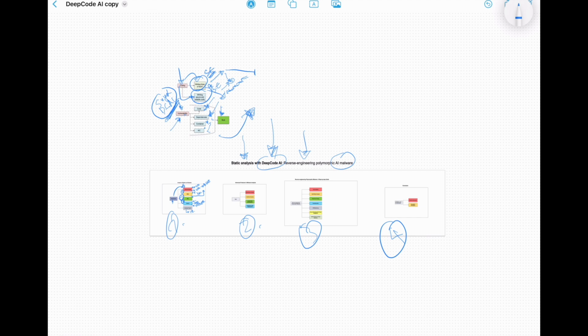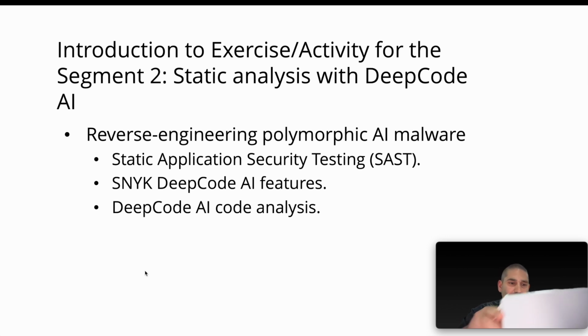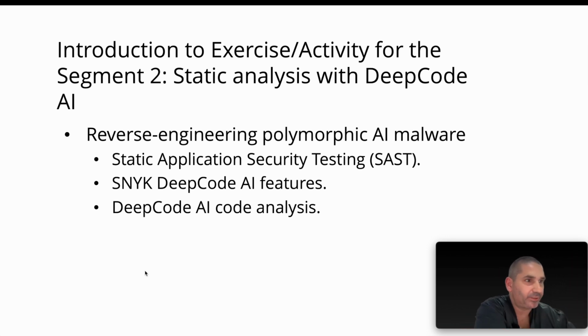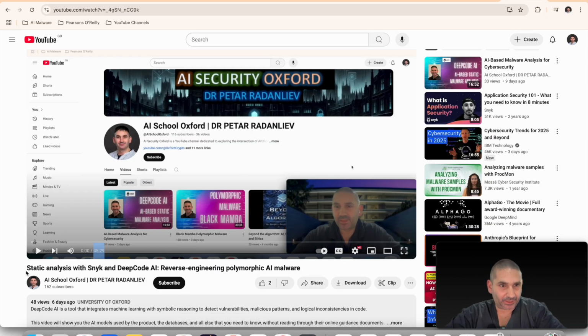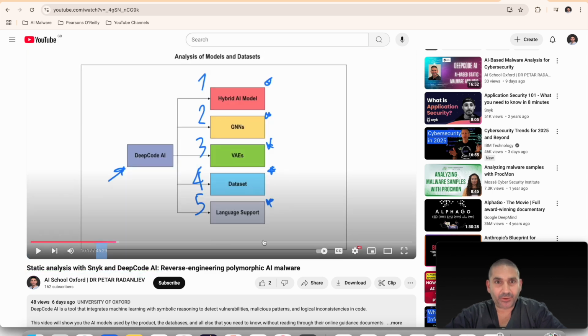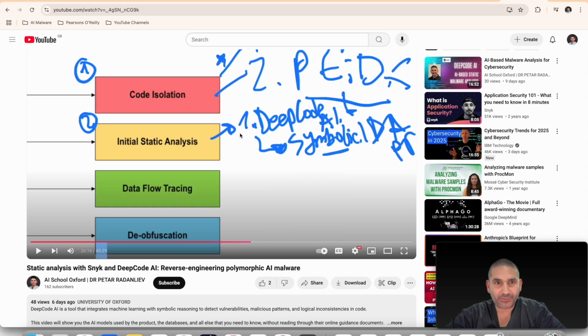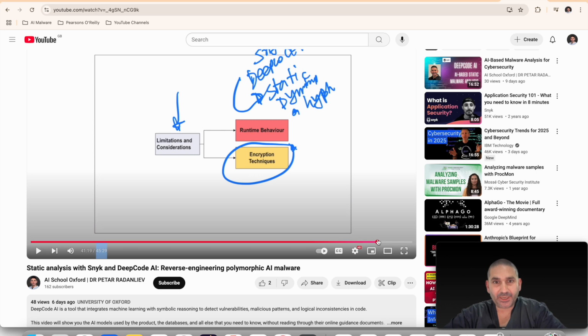To avoid repetition of content, I'm going to stop the screen sharing now, and if I can find that video, I can refer you to it. So this is the static analysis of Snyk with deep code AI. And here, as you can see, I'm going through these examples in much detail. I'm not going to go through all of those again because that's just pointless.